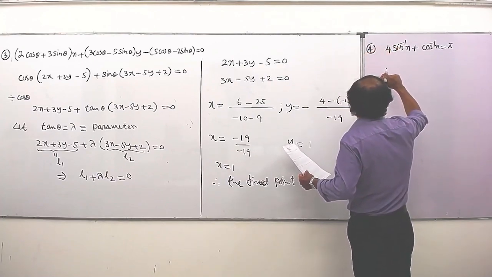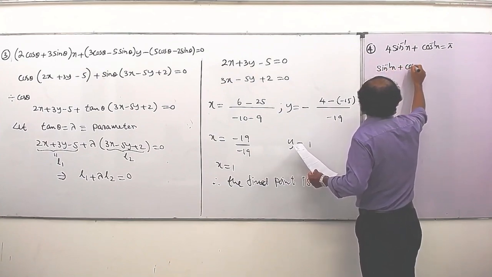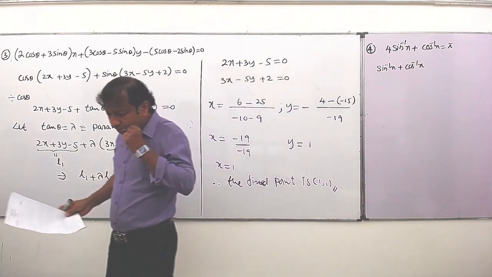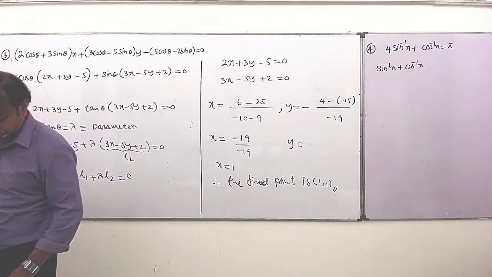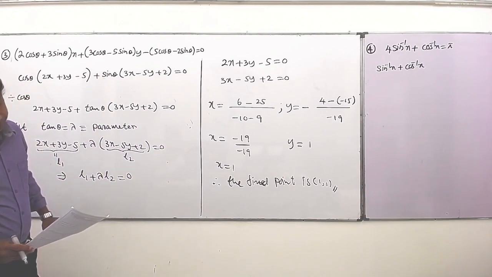Okay, I'll take it like this: sine inverse x plus cosine inverse x. I'm going to find this sum.